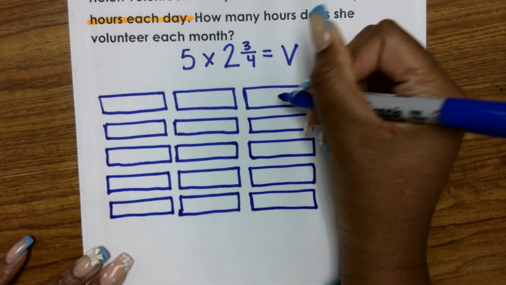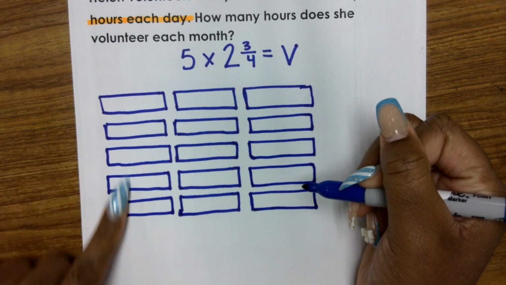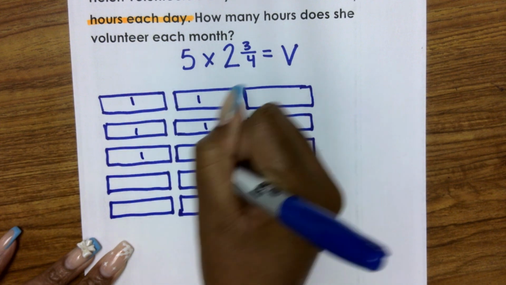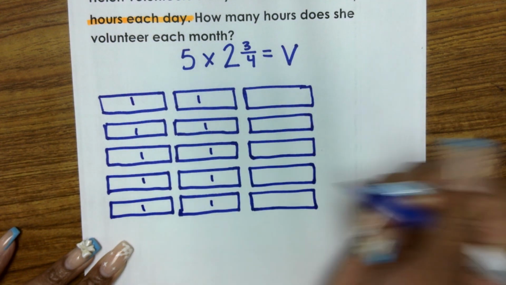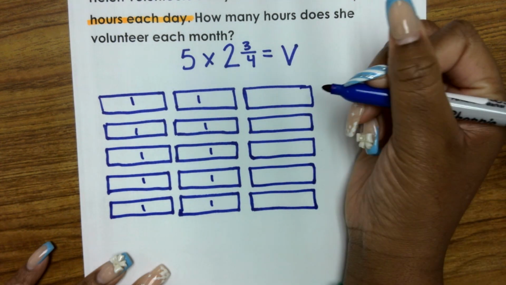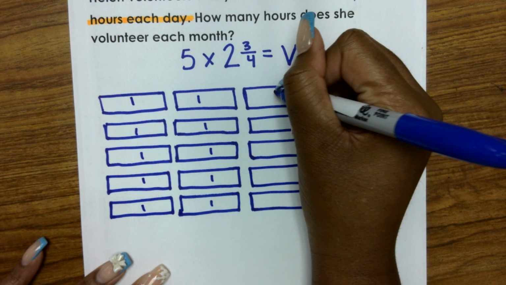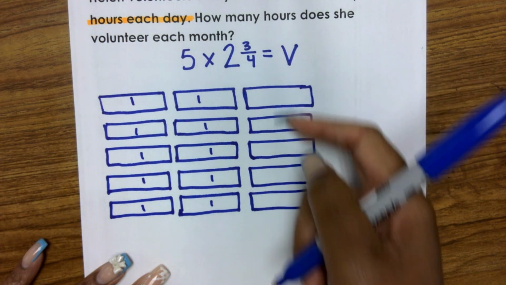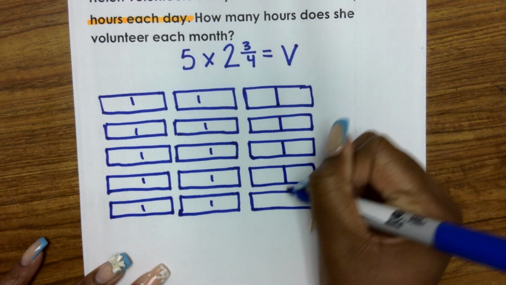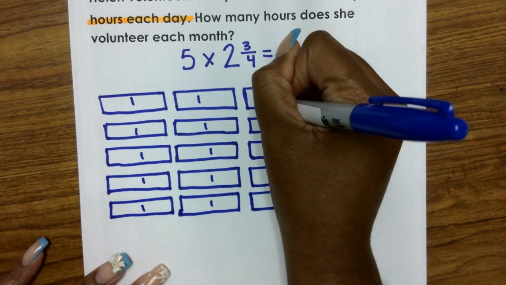Notice I already have my 5 groups of 2 hours here. When I go to do my 3/4 hours, I'm partitioning my rectangles into fourths because the denominator tells us how to partition our rectangles. So I'm going to partition them in half and then cut my halves into fourths.